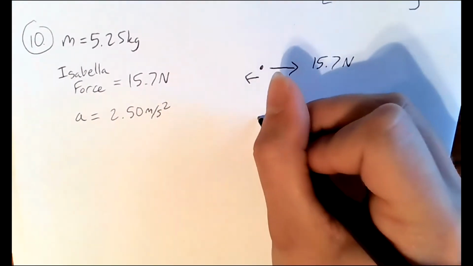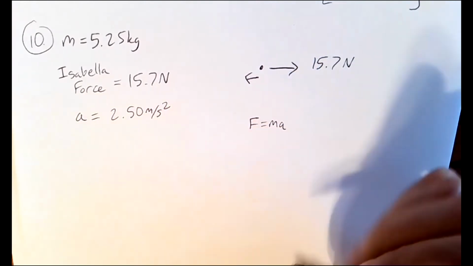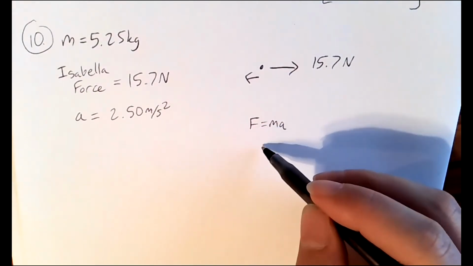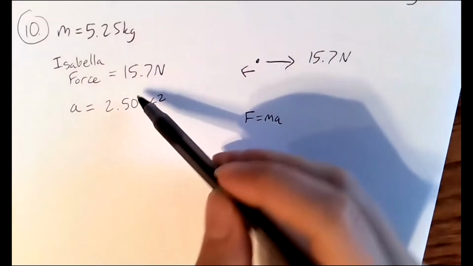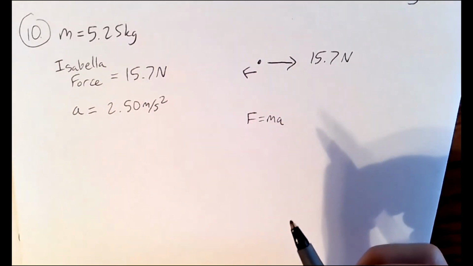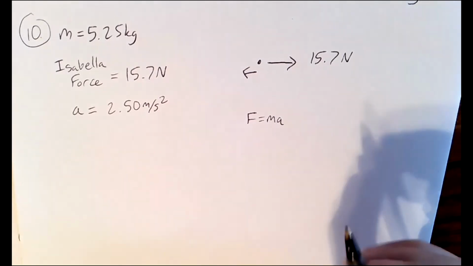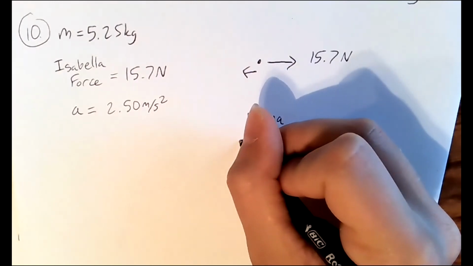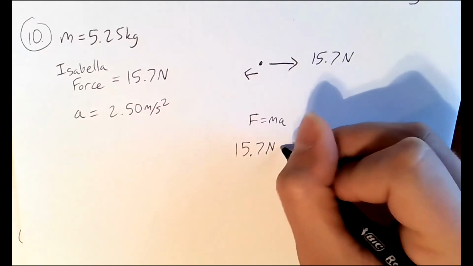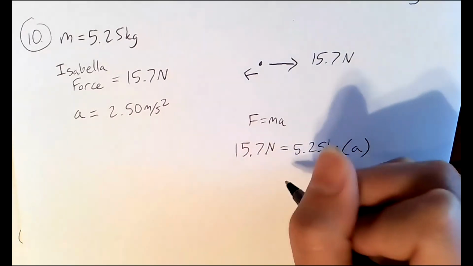Well, we can double check. F equals ma. If there were no friction, then we could just divide this out and this would all equal each other. So we'll put 15.7 newtons equals 5.25 kilograms times a.